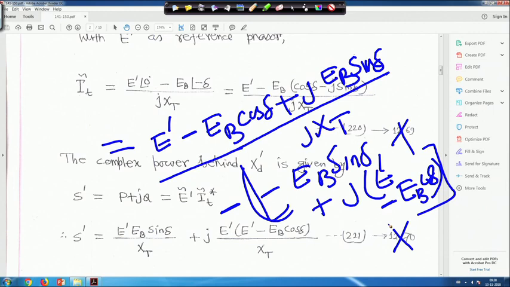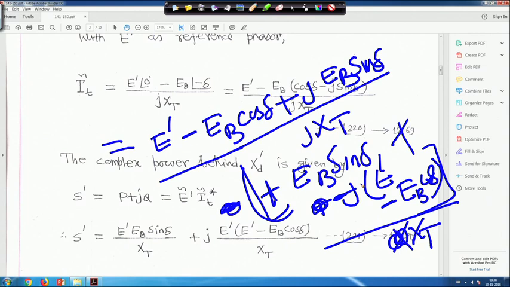You just multiply numerator and denominator by j, so this will be j square, that is why it is minus, and here j into E dash minus E b cos delta. Now if you multiply this one by minus, it should be plus E b sin delta, divided by x t, and instead of j it will be minus.